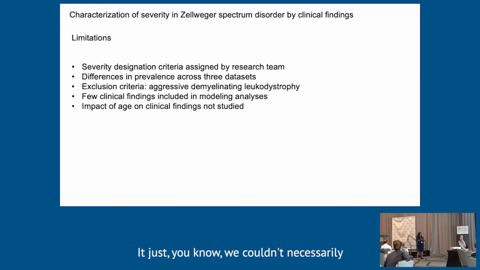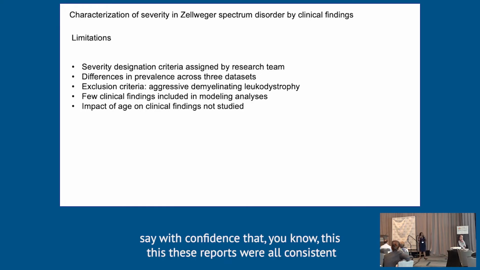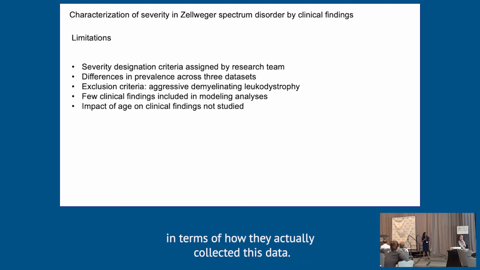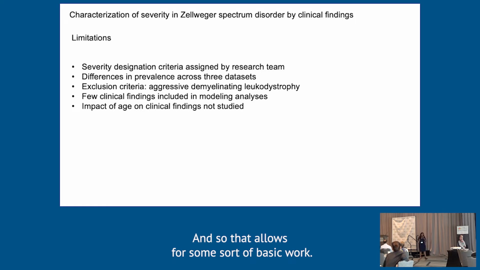We couldn't necessarily say with confidence that these reports were all consistent in terms of how they actually collected this data. So again, this is meant to be a starting point, but there's still a lot of work that needs to be done.